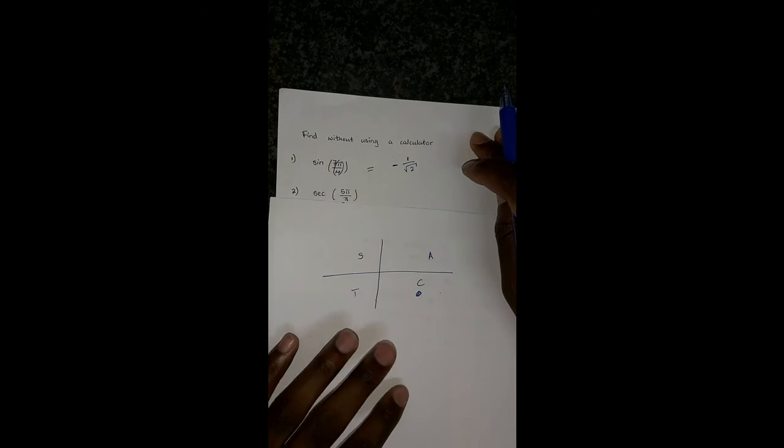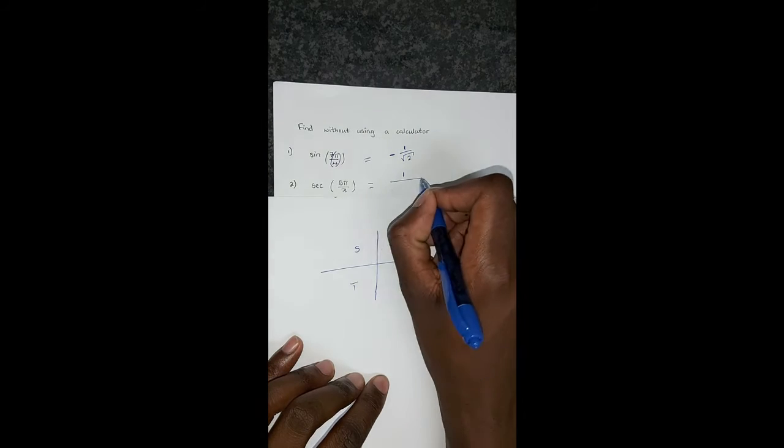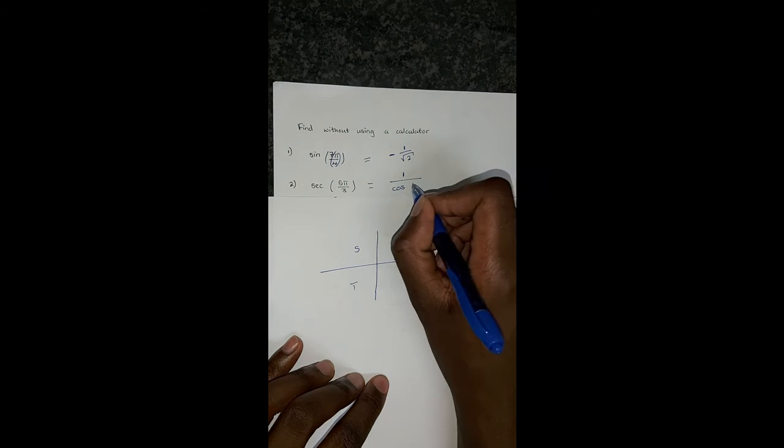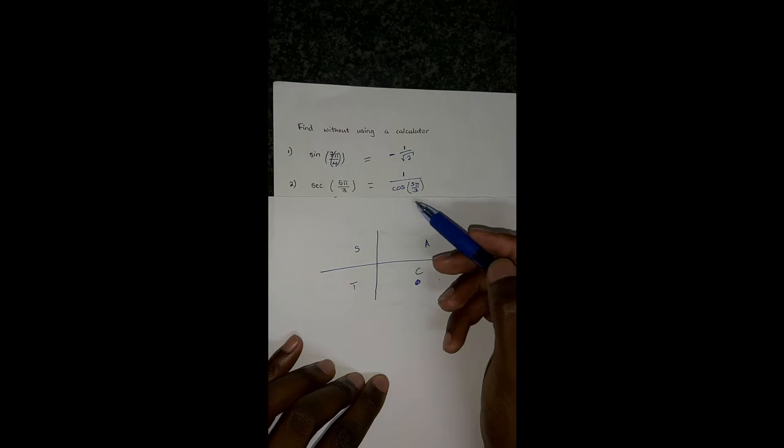Moving on to the next one, sec 5 pi over 3. We said sec is just equal to 1 over cos 5 pi over 3. The main angle that you have to know is pi over 3.